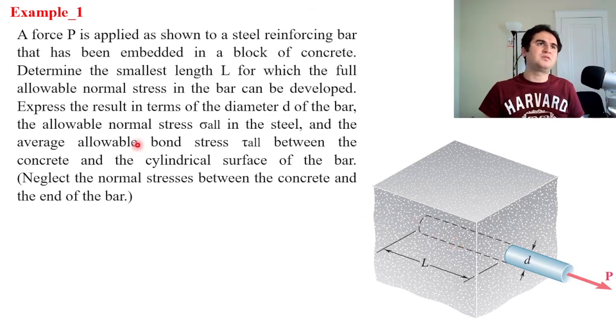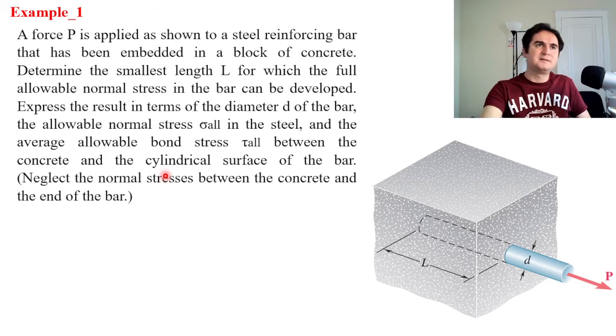We are working to find a parametric relation for sufficient length, in terms of normal stress sigma allowable and bonding stress between the two materials, concrete and steel bar. That is bonding stress in terms of shear or tau friction between the two surfaces, and based on the diameter of the bar itself.